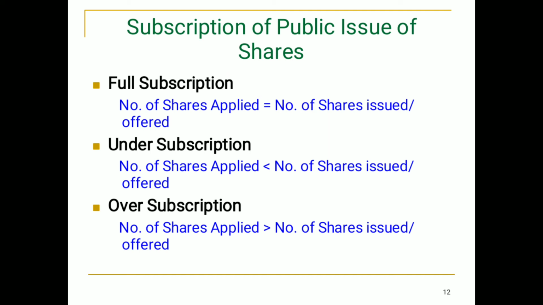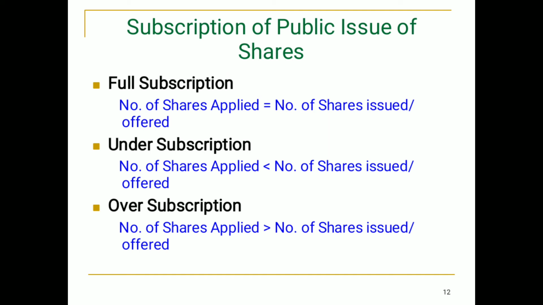Full subscription means number of shares applied equals number of shares issued. How many shares have I issued? 30,000. How many shares have been applied for? Same. That is called full subscription. That means 30,000 shares were issued, and applications came for 30,000.